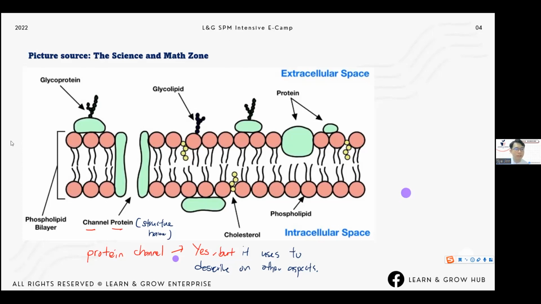Channel protein always has a very simple structure like this one, for example. This one is the channel protein I drew. Don't laugh at me if you think my drawing is very ugly. Anyone have another idea? What is the protein that I can draw here? Not sure.